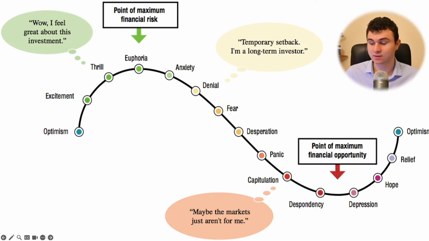It's because the human brain goes from optimism to euphoria, where everybody gets into a stock, into a sector. We've seen this phenomenon in 2000 for the dot-com bubble, and then the bubble pops and everybody panics and there is some capitulation, some depression, and then optimism again.